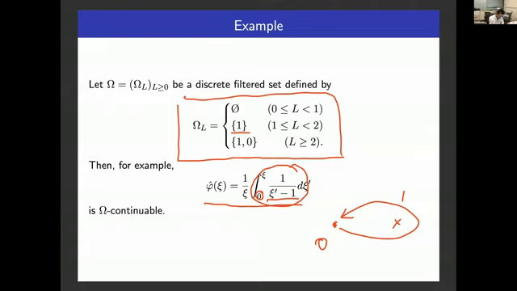Since it has a factor 1 over xi, this function has a singular point at xi equal to 0, and so omega L must contain xi equal to 0 when L is greater than or equal to 2. In this way, we can describe the singularity structure or seat structure of pi hat xi using a discrete filtered set. And so we can say pi hat xi is omega continuable.